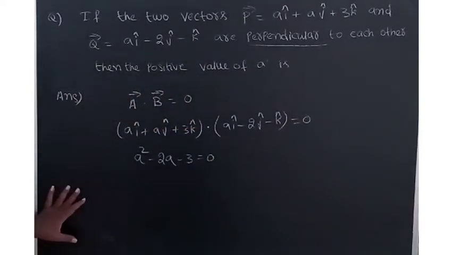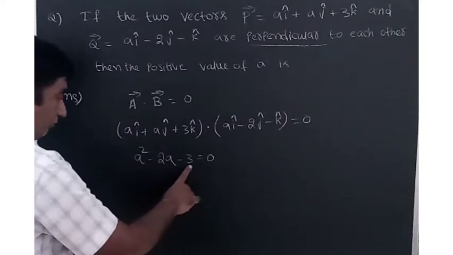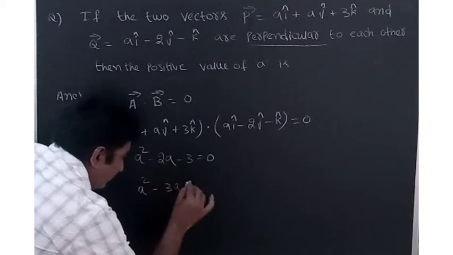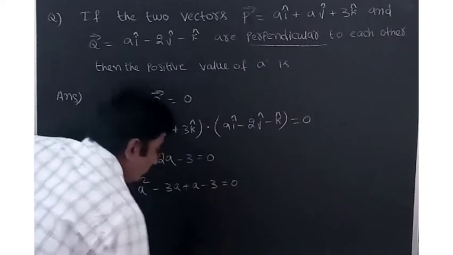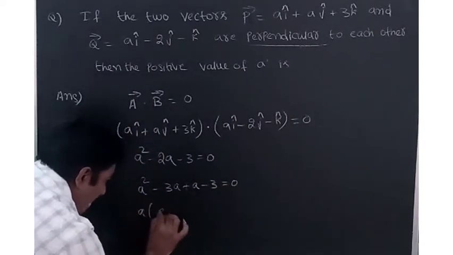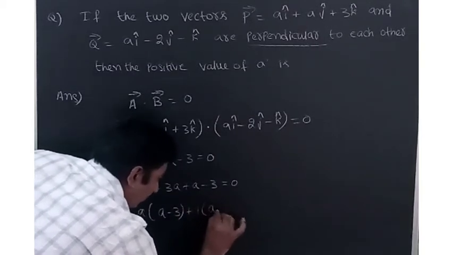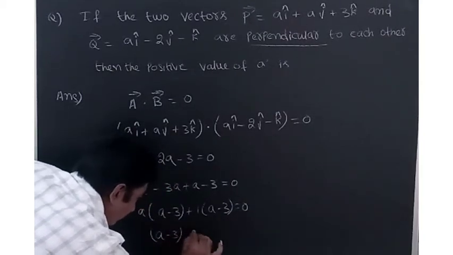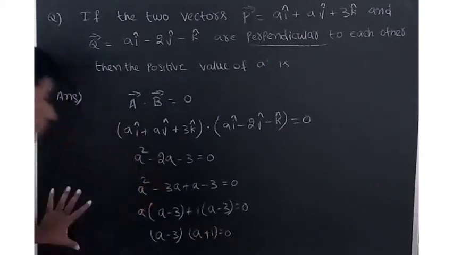Resolving, we get minus 3 into 1 equals minus 3. Then here we get a square minus 3a, that's plus a into minus 3, equal to 0. Taking a as common, a minus 3 plus, here nothing is there, so we take 1 as common: a minus 3 equals 0. That is a minus 3 into a plus 1, which is equal to 0.